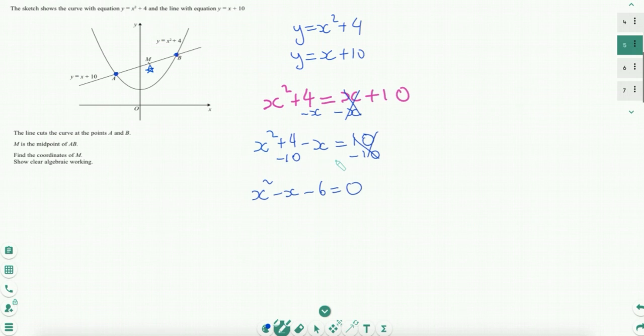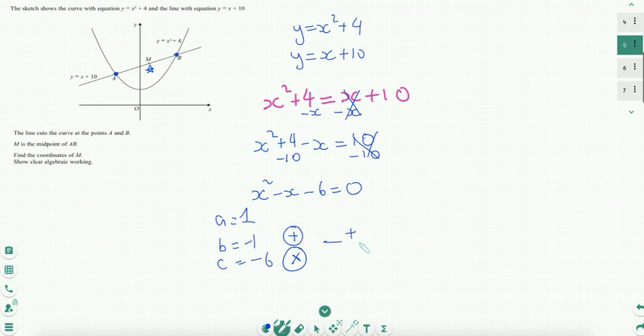So we can solve this by factorizing or using the quadratic formula. I'll solve it by factorizing. So a, b, and c. So x squared is 1x squared, so a is 1. Minus x is minus 1x, so b is negative 1. And c is negative 6. So remember, guys, we have to find two numbers that multiply to c and add to b.